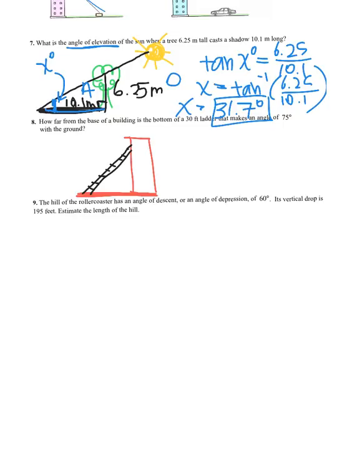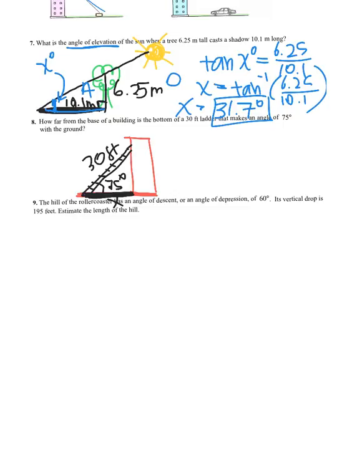It says it's a 30-foot ladder, so that ladder is 30 feet, and it makes a 75-degree angle with the ground. All right, and now the question is, how far from the base of the building is the bottom of that ladder? So we're looking for this distance right there. That I will label x.